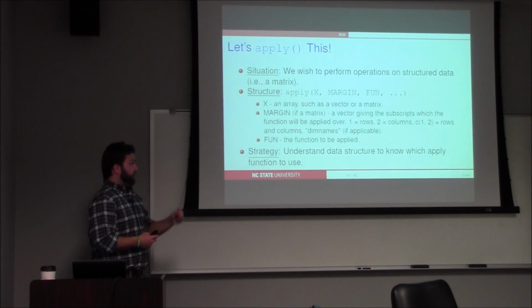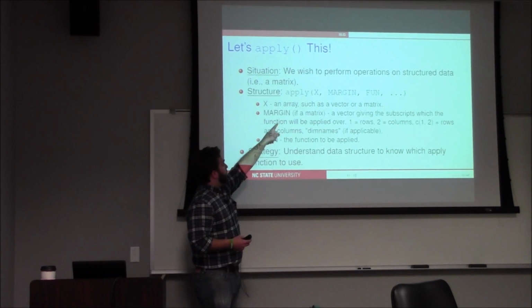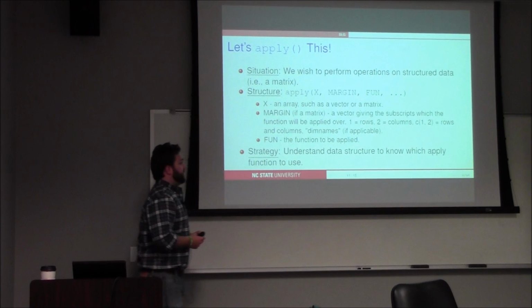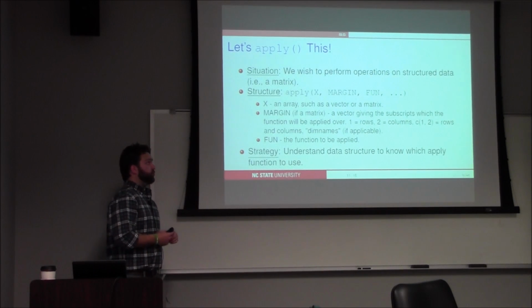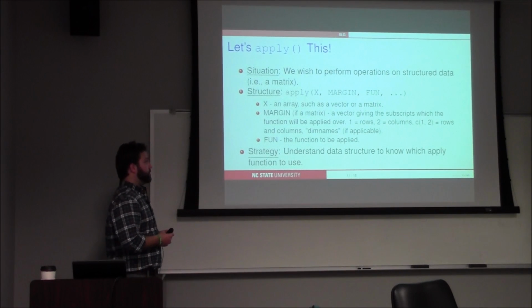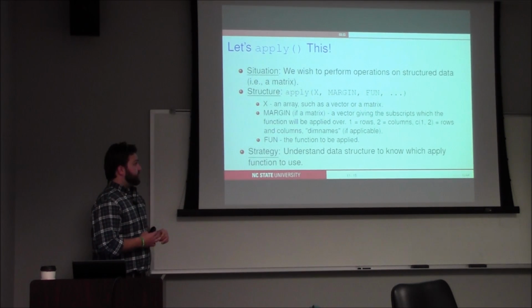For the function apply specifically, if the argument that we input is a matrix, then the margin input will give us an opportunity to say whether we want to work over rows with the number 1, over columns with the number 2, or we could even ask for both rows and columns by concatenating 1 and 2.